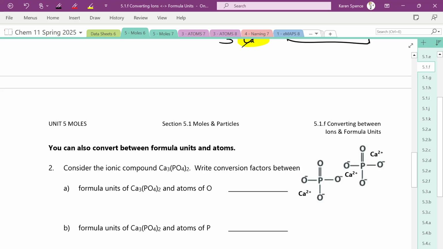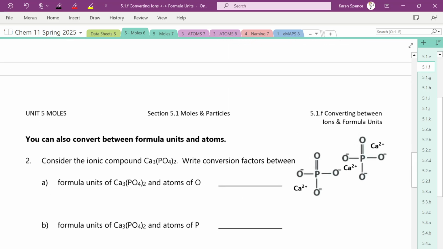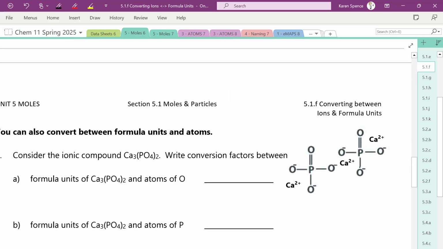You can also convert between formula units and atoms. Here you go, this is exactly what we were talking about earlier. Let us see, can we write a conversion factor between calcium phosphate and atoms of O? 1 calcium phosphate. How many atoms of O is that?